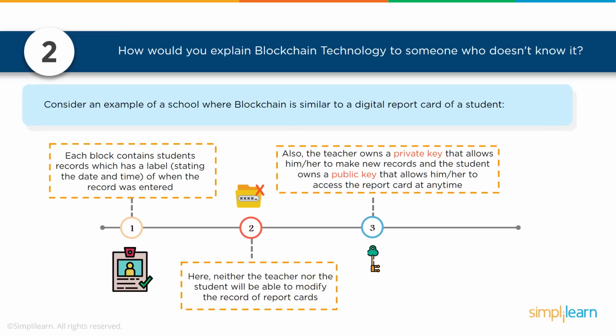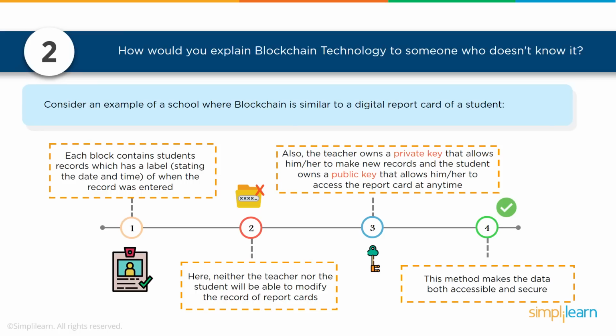So the teacher owns the right to update the record, but the student only owns the right to view the record. This method makes the data both accessible and secure, and this is what blockchain brings to the table. These are the primary attributes for which blockchain is getting widely adopted: to have immutable records available for view to the public and available for updating in an untamperable way.